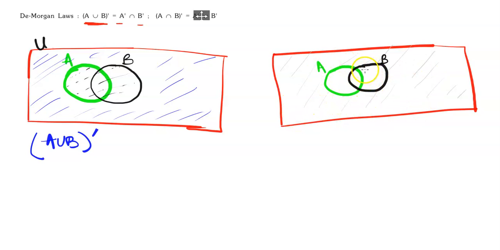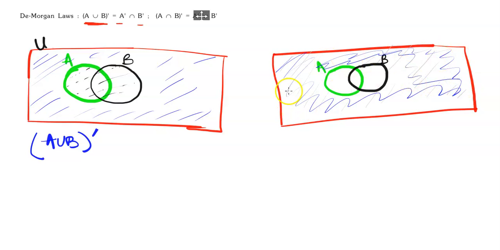Now it says intersection B complement. So what is B complement? This is B complement, and this is part of A complement.